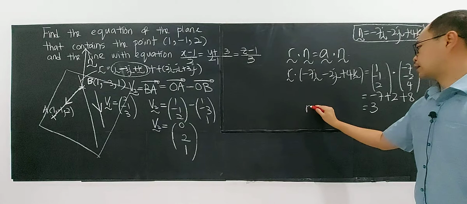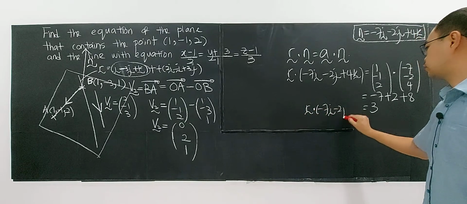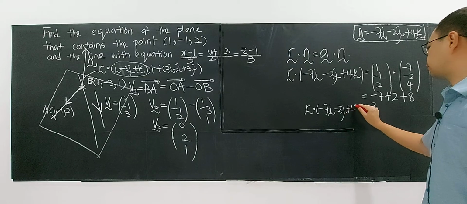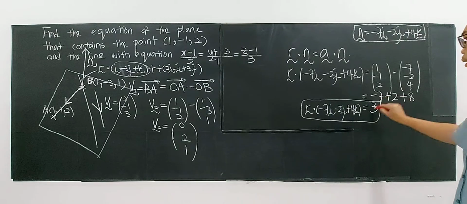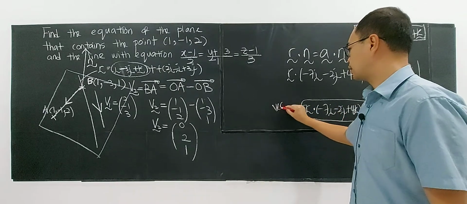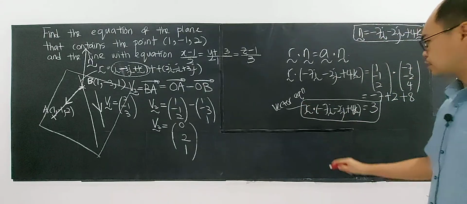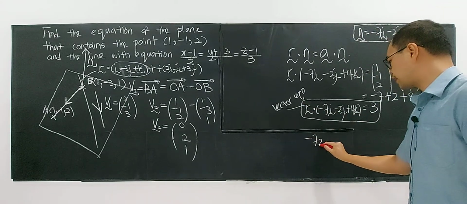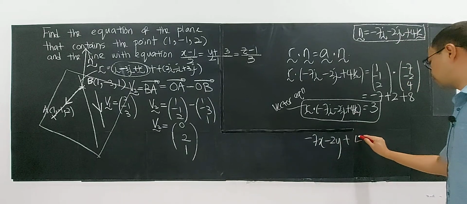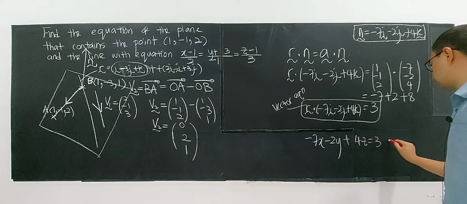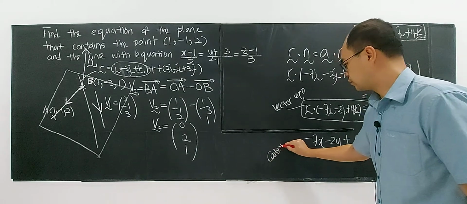So it means that r dot (-7i, -2j, 4k) equals 3 will be the equation of the plane. This is the vector form, the vector equation of the plane. So the Cartesian form will be negative 7x, negative 2y, plus 4z equals 3.